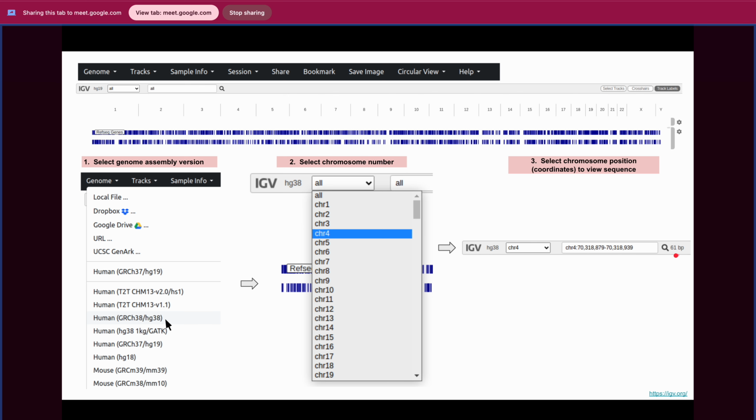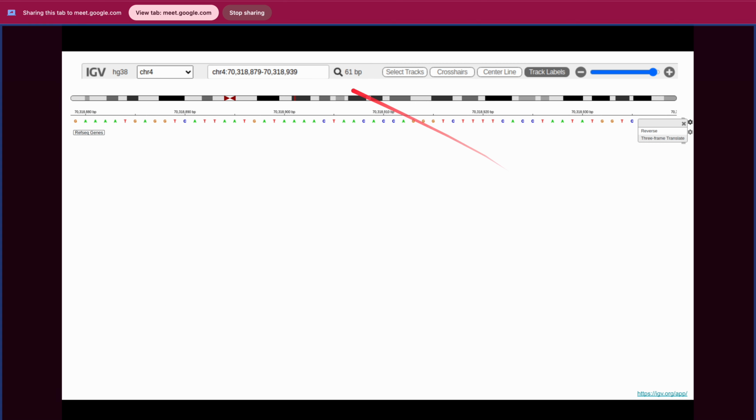Next, they are showing you 61 base pairs, which means 61 nucleotides will be present in the sequence. After selecting all of this, we click on this magnifier and it will show that particular sequence. Firstly, it tells about the chromosome, that this is chromosome number 4, and in this chromosome I am specifically focusing on these coordinates.